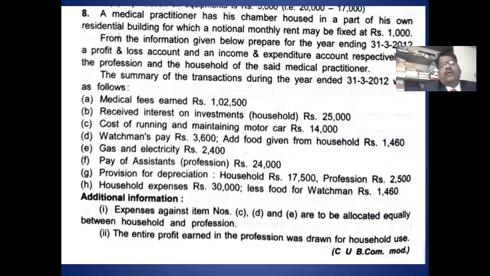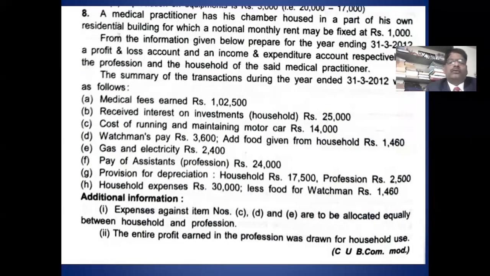Okay. There are two ways. One is profit and loss account for profession, income and expenditure account for household. And in the second case, profit and loss account is for profession, personal capital account for household.